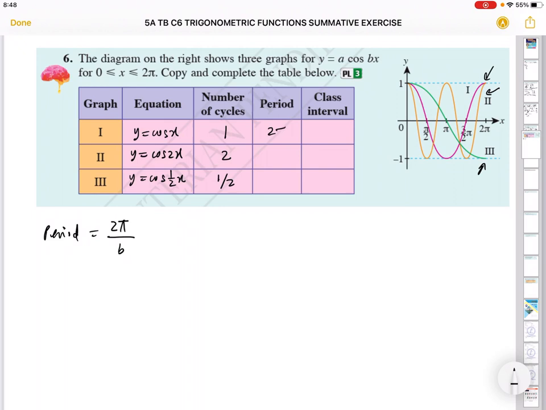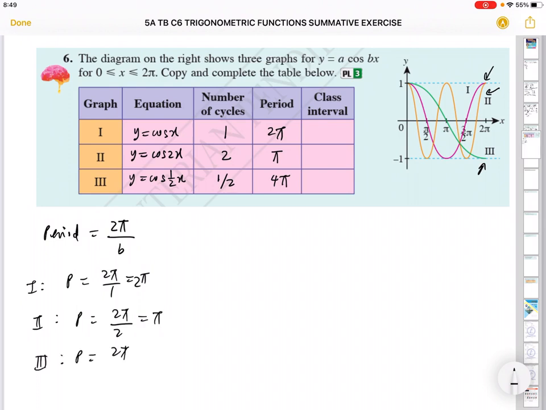Third one, 2 pi divided by half is 4 pi. So for the first one, the period is just 2 pi. For the second one, the period is 2 pi divided by 2, which is pi. For the third one, it is 2 pi divided by half, which is 4 pi.